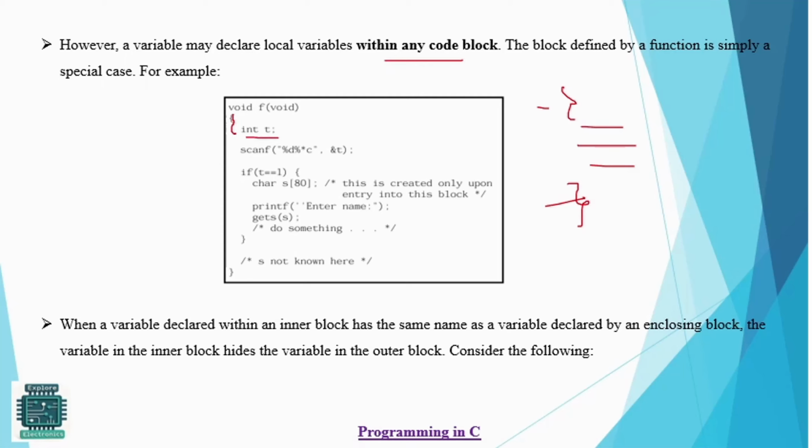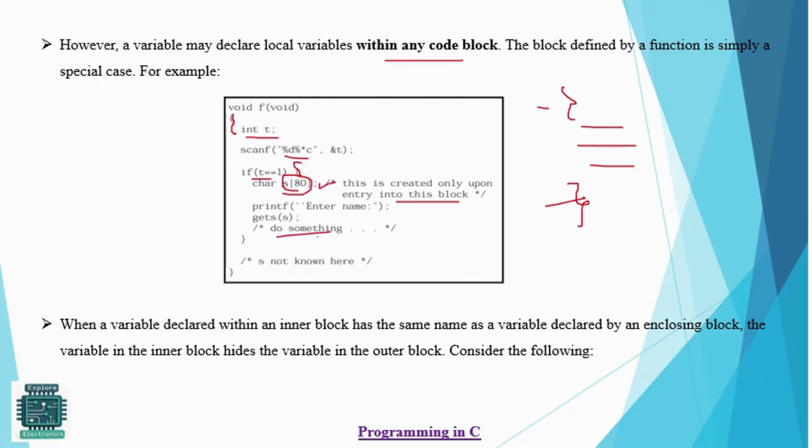Here int is declared. Now scanf, printf, and again an if block is another block. Here, the variable is created only upon entering this block, meaning the character s is declared when it enters the if block.